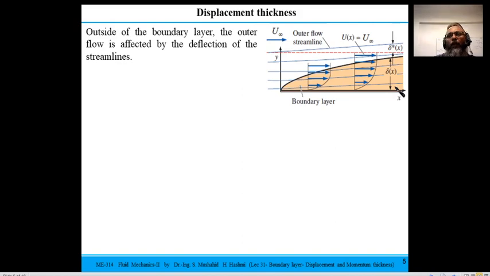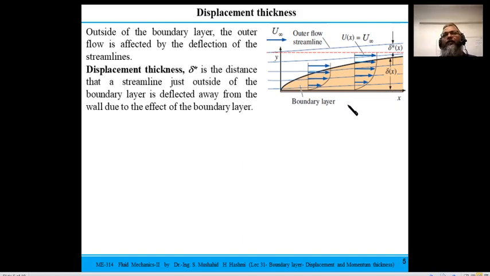So once you have streamlines with the uniform flow where the fluid moves with speed u infinity, due to the viscous effects the streamlines are deflected.